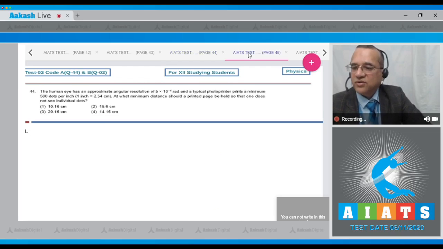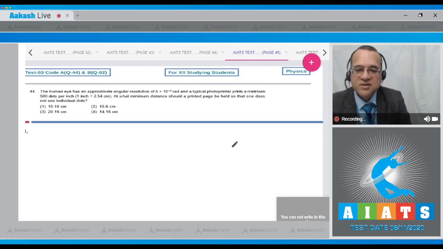Question number 44 says, the human eye has an approximate angular resolution of 5 × 10^-4 radian, and a typical photo printer prints a minimum of 500 dots per inch, where 1 inch is equal to 2.54 centimeter. At what minimum distance should a printed page be held so that one does not see individual dots?